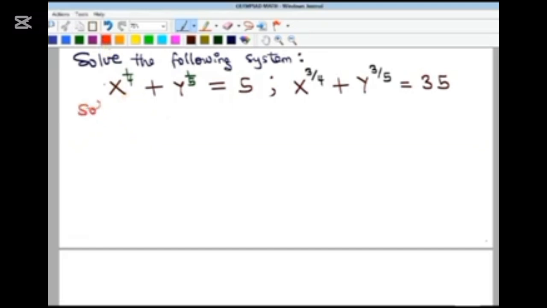So what do we do? Now, when you're given two equations, it means you're solving them simultaneously, and you want to find a value of x and y that will satisfy both equations. Okay, so what can we do now?